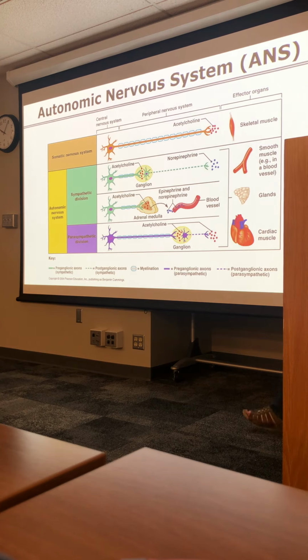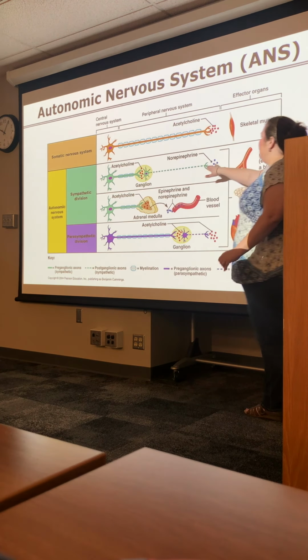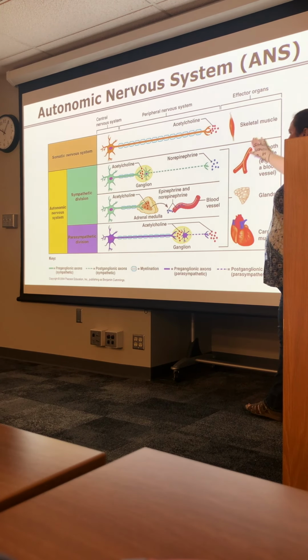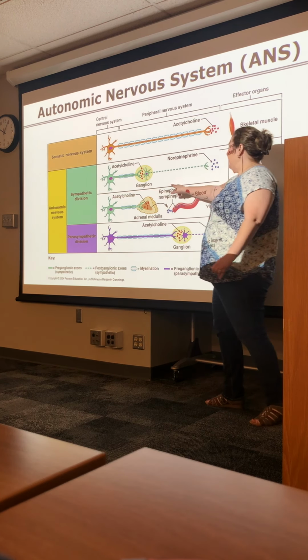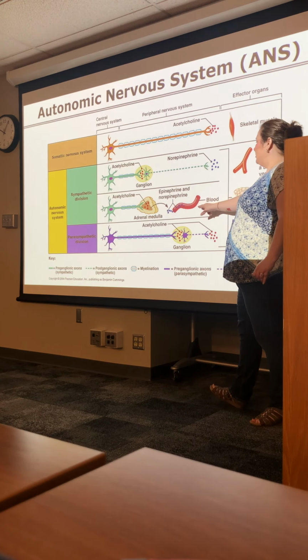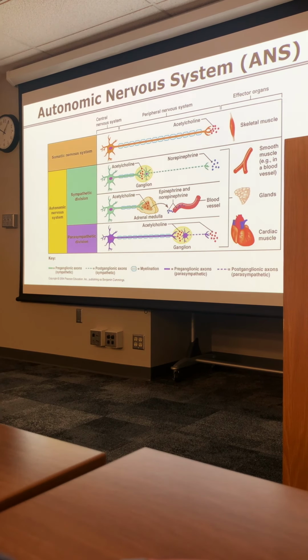Okay? So when that bear jumps out in front of you, not only are you sending more information down this 2-neuron pathway to these effector organs, but you're also sending information to those chromaffin cells that release norepinephrine and epinephrine into the bloodstream, which is going to impact cells around the body, anybody that has a receptor for the epinephrine and norepinephrine.